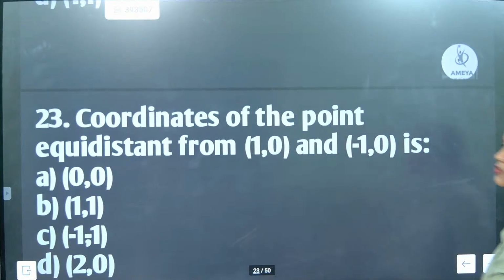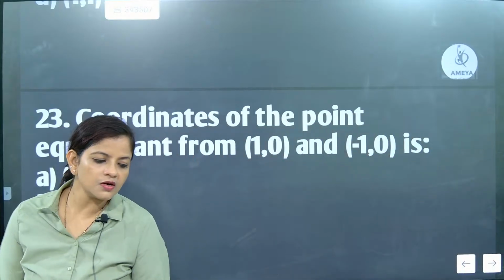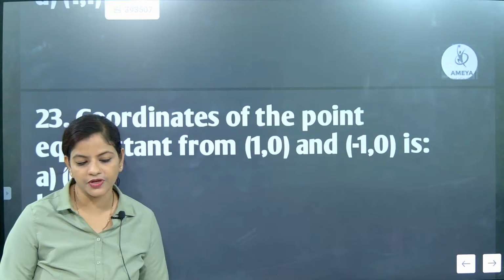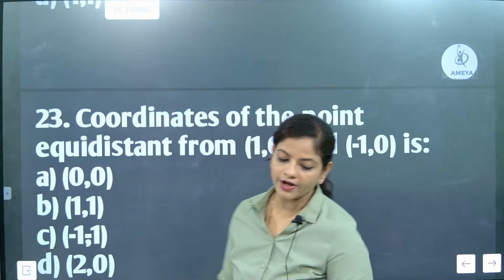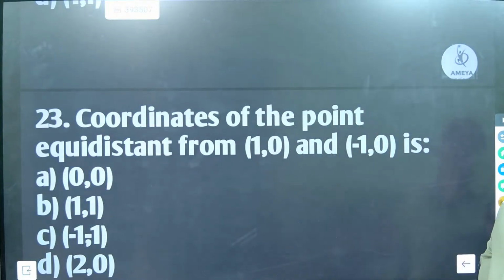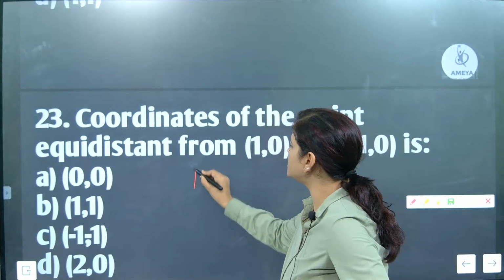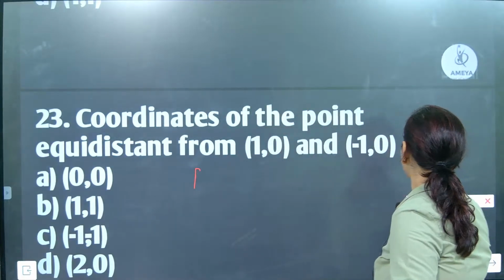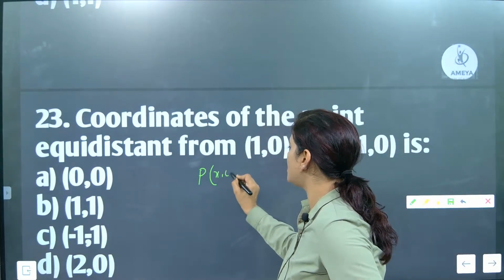Now come on, solve this question, please. The coordinate of the point equidistant from these is, let us consider the coordinate of the point as P, x comma y. Now, is it visible now?